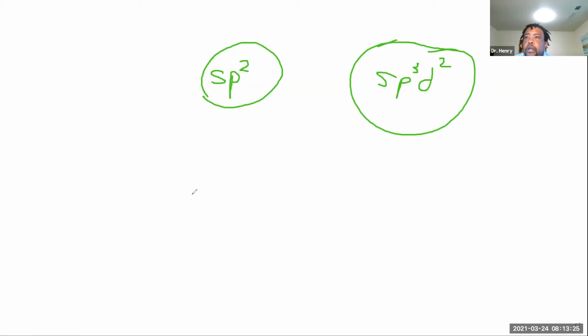Okay. So if I have something like this, what would be the hybridization of the center atom? Or something like this.